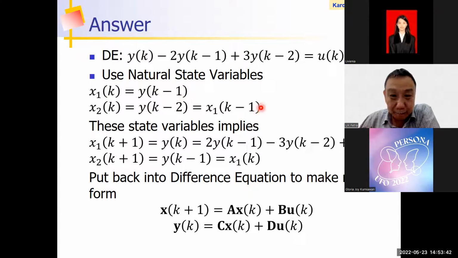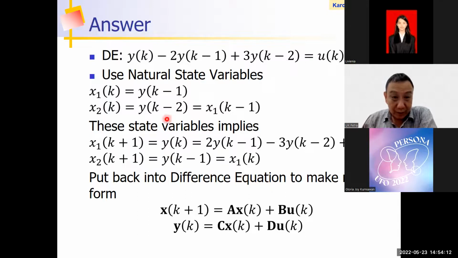Correct? So now we put back this selection that we made as x1, x2 into this difference equation. So remember this one, yk, right? And then what is this? Yk minus 1 is x1, right? Yk minus 2 is x2, right?